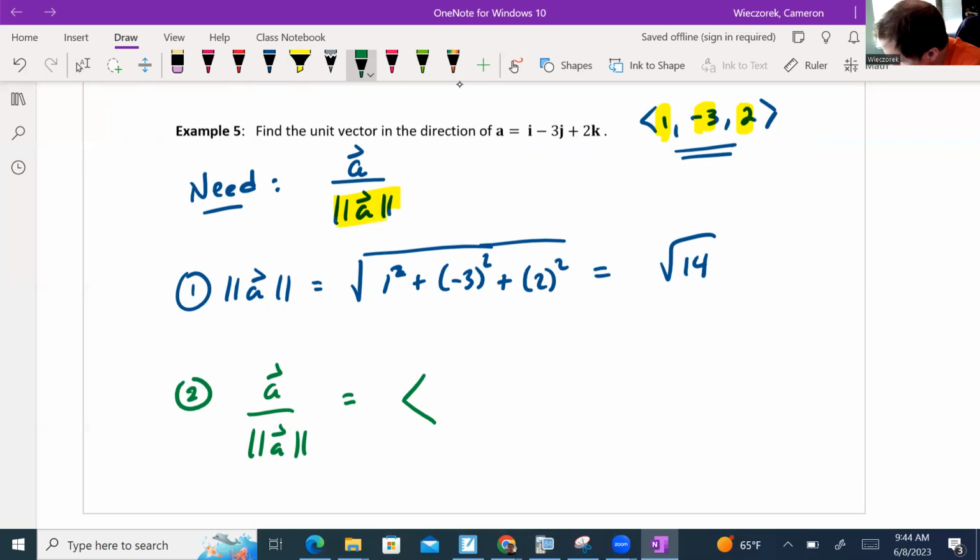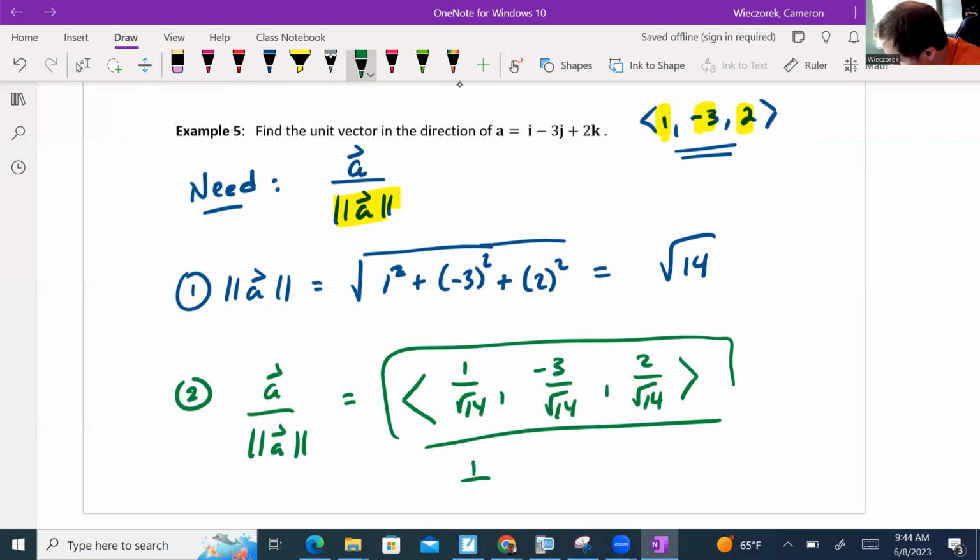This would be 1 over root 14, -3 over root 14, 2 over root 14. And you could also leave the 1 over root 14 factored out on the outside if you want. This would also be an acceptable way of leaving it. You could also rationalize your denominators. Any equivalent exact form would work.